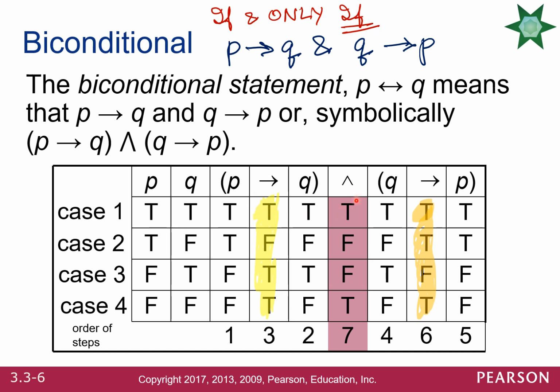In the conjunction here, we have TT gives a T, FT resolves to an F, TF resolves to an F, and then TT resolves to a T. All right, so for the if and only if statement, the final truth table values are T, F, F, T.